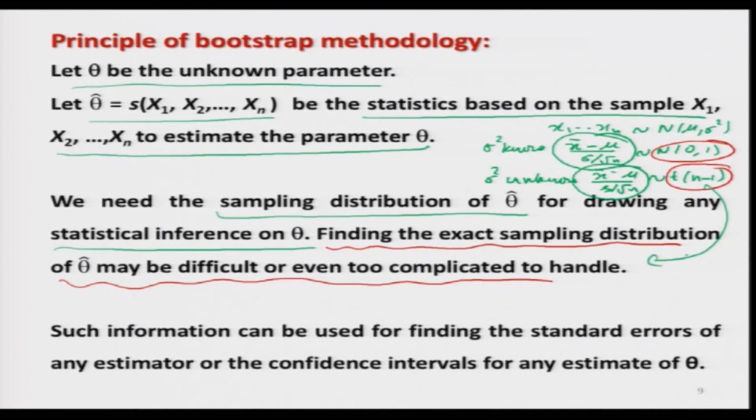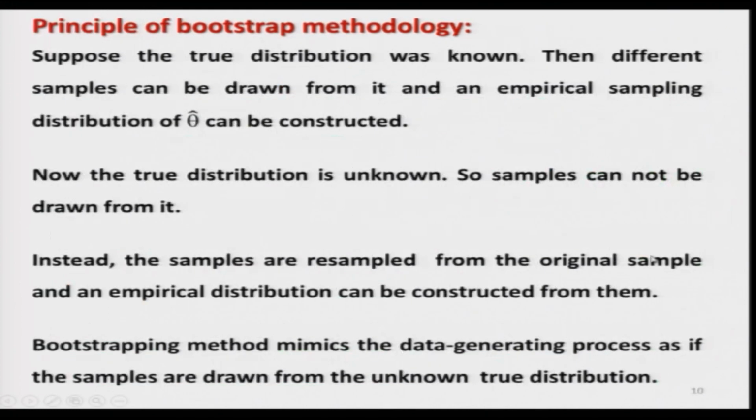If I can find such information, then it can be used for finding the standard error of any estimator or a confidence interval for any estimate of theta, including the bias. Now, as I said, this principle is going to imitate the usual statistical procedure.